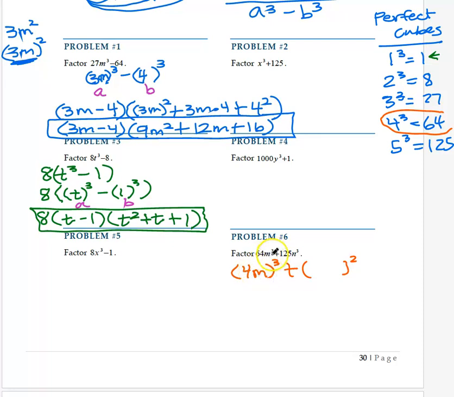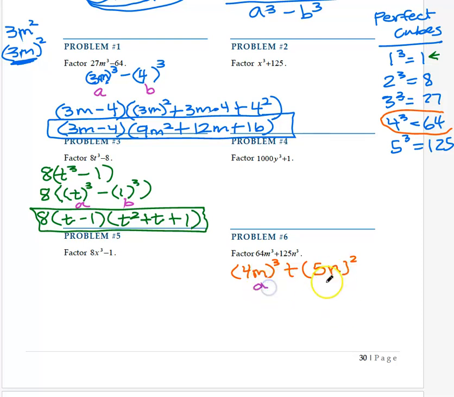Because I need to take that M and figure out, you know, M times M times M gives me M cubed. All right, what are we going to have over here in the second one? What do you think we'll have there? An N? We're going to have an N. And what about the 125? 5n. Yeah, so 5n. All right, and so now we have our a and our b, right?